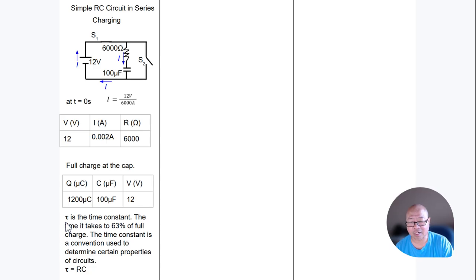So the time constant is actually not the entire time that it takes to go from 0 charge on the capacitor to full charge. The time constant is the time it takes to get to 63% of full charge, okay? The time constant is a convention used to determine certain properties of circuits, and that's how we calculate it: resistance times capacitance.